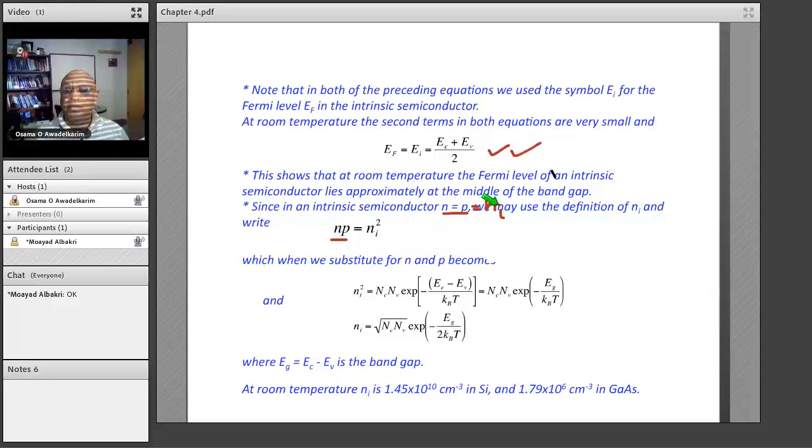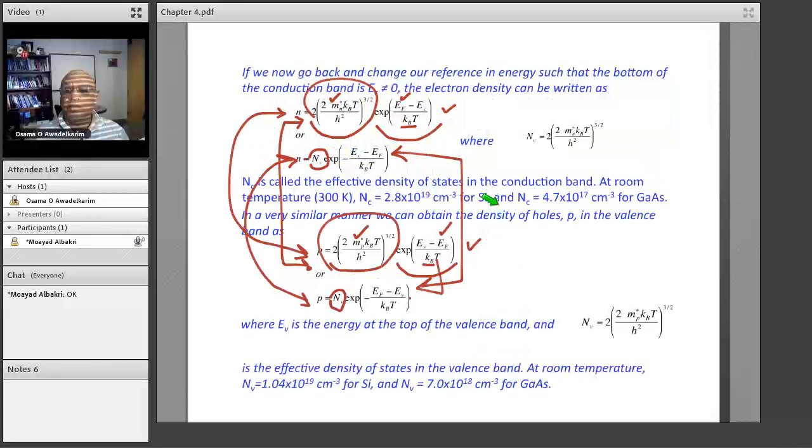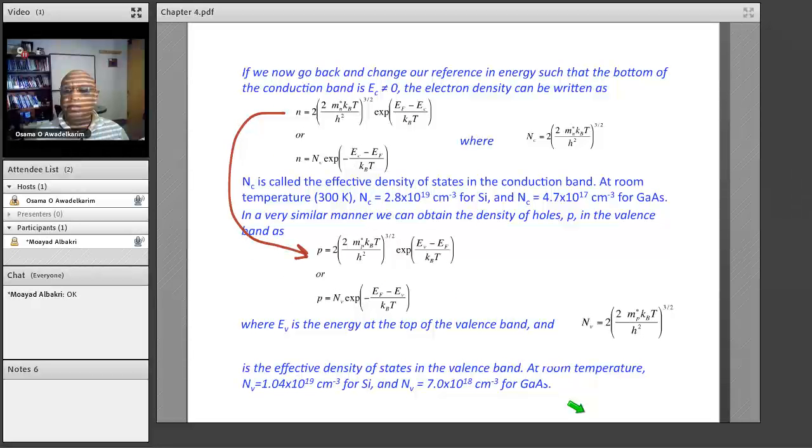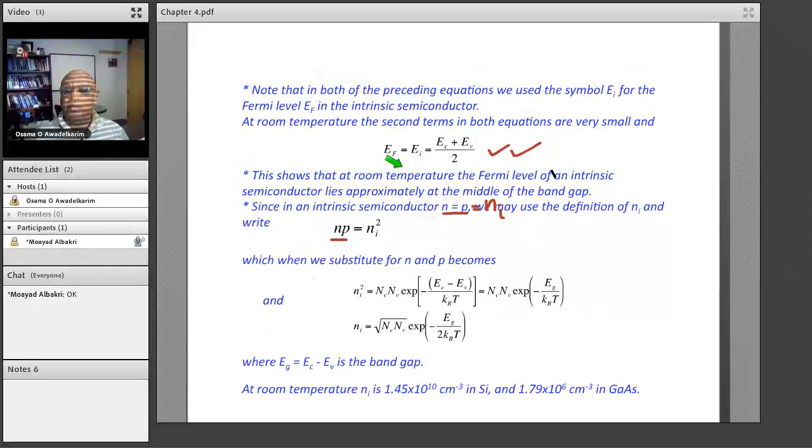And if we multiply this one and this one, we get NP, which is Ni squared. So we get Nc times Nv times exponential.